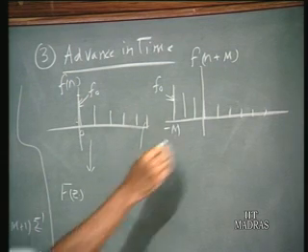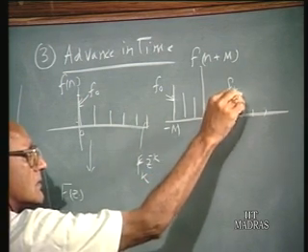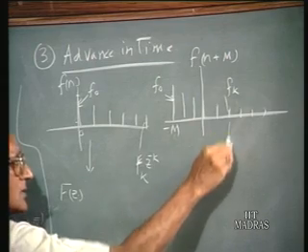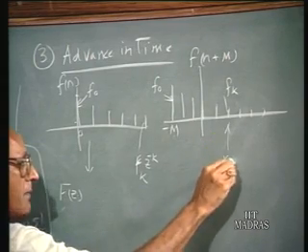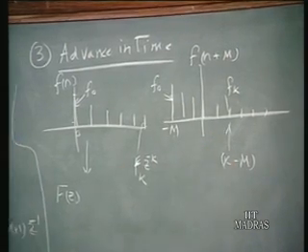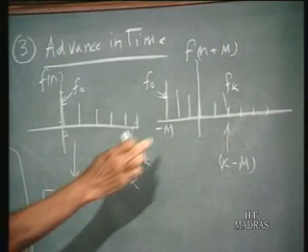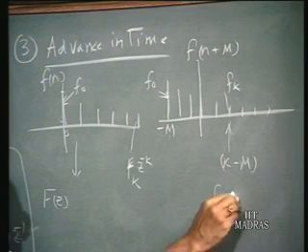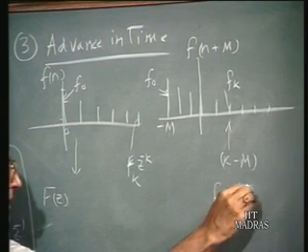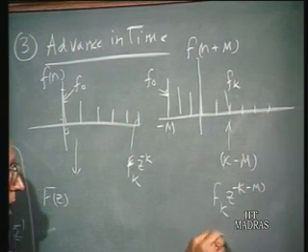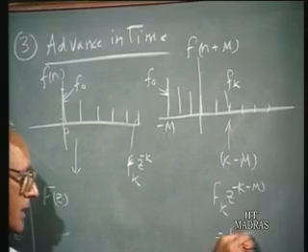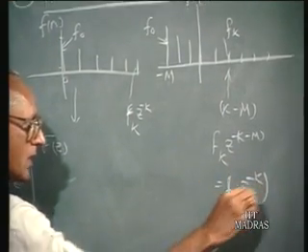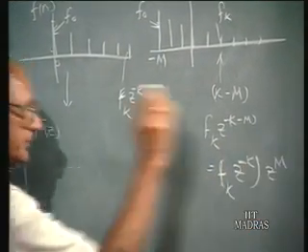Now the kth sample here, the f of k, occurs not at k but at k minus m. Consequently, the contribution of f of k in the Z transform of this advanced signal would be f of k z power minus k minus m, or f of k z power minus k multiplied by z power m.